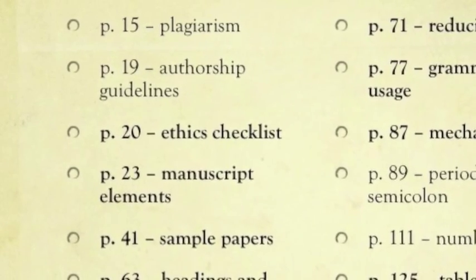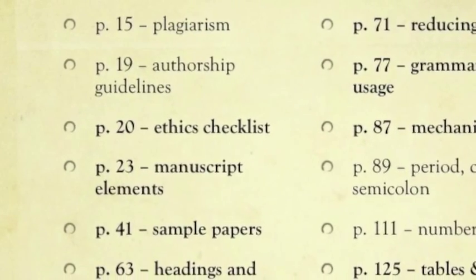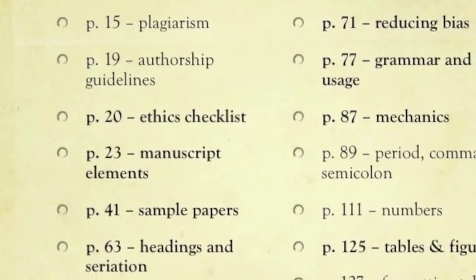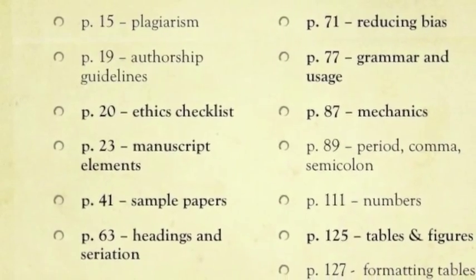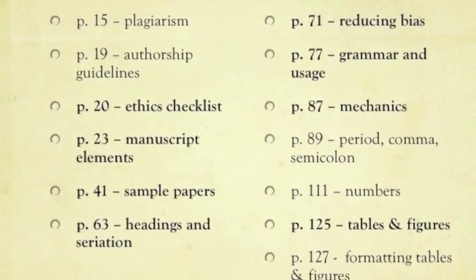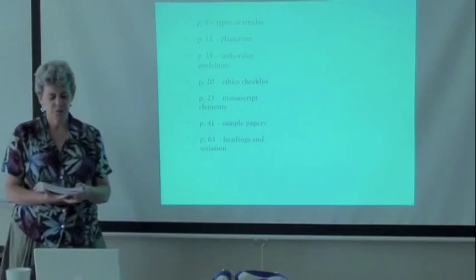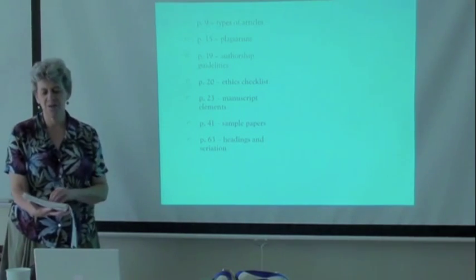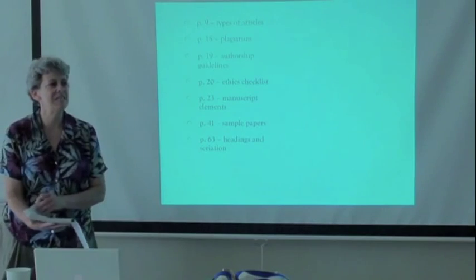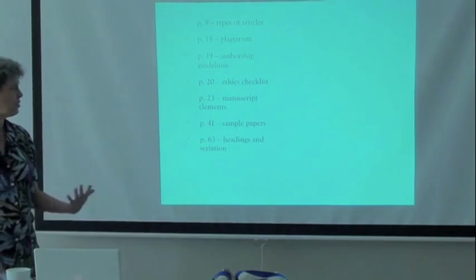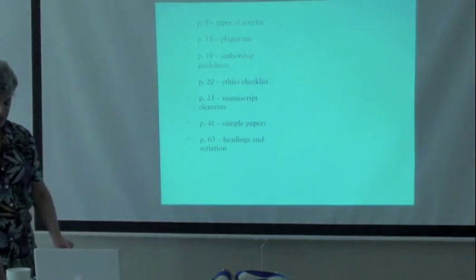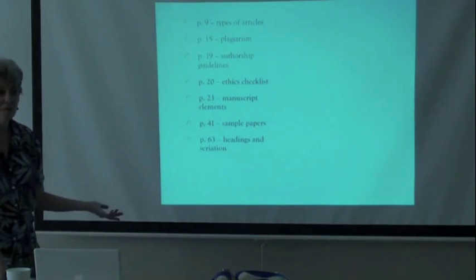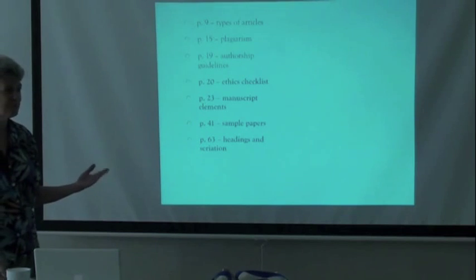And I just put something there, but 23 to 40 pretty much breaks down each element of the manuscript, starting with the title page, going to the abstract, going to each piece. So you can see the elements are title, author's name, author note, etc. Explains each piece of the manuscript there. Okay. And when I'm talking about manuscript, you know what I mean? I mean paper, right? Manuscript paper.